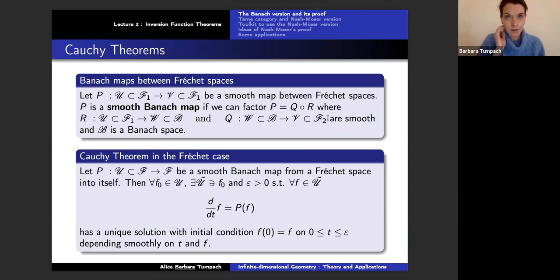So we have a map which is decomposed into two blocks. In between, there is a Banach space.